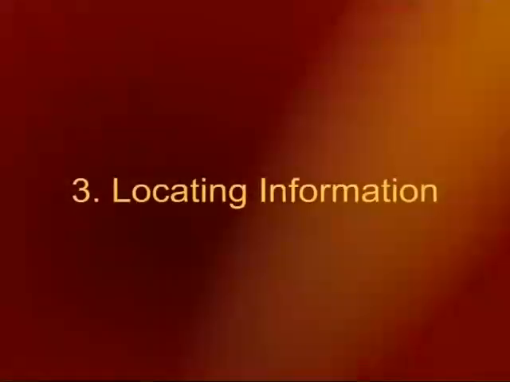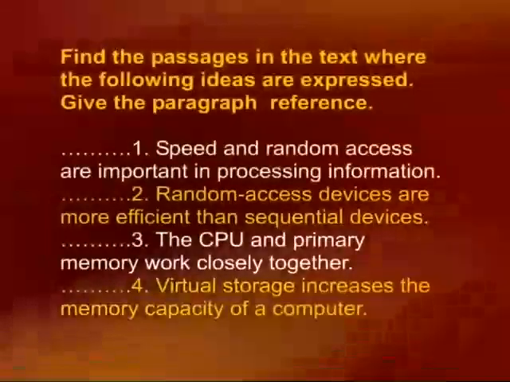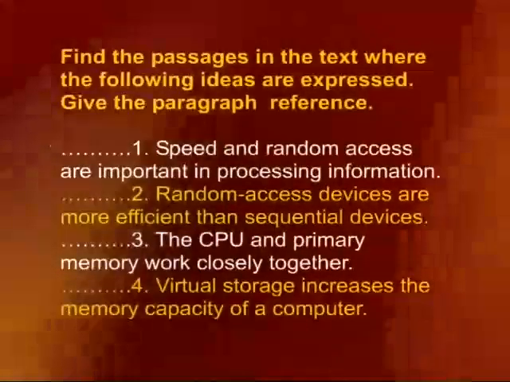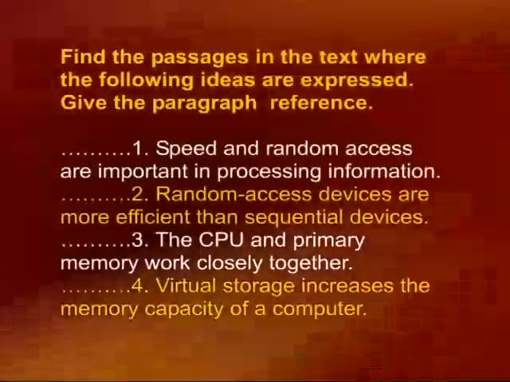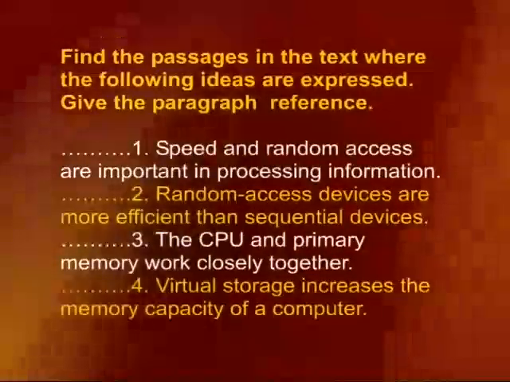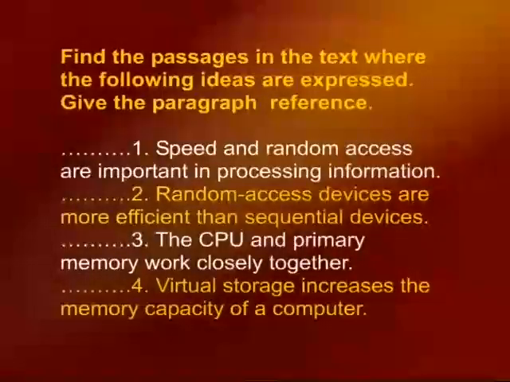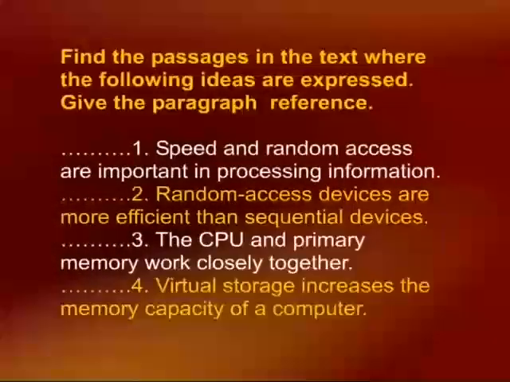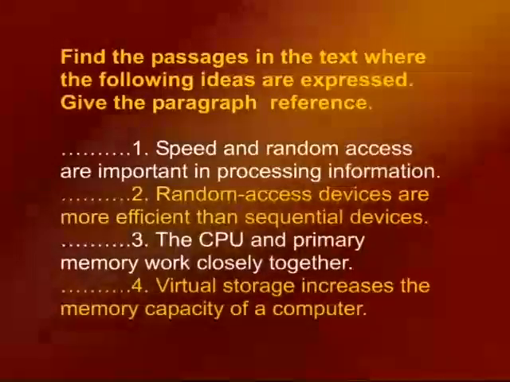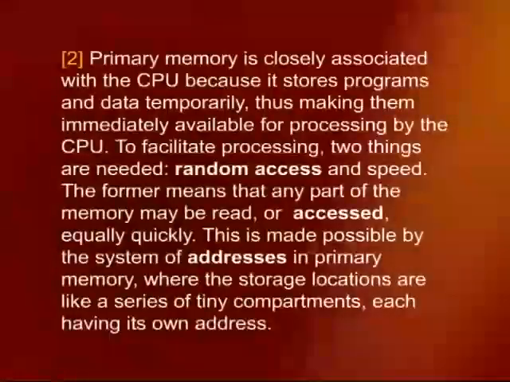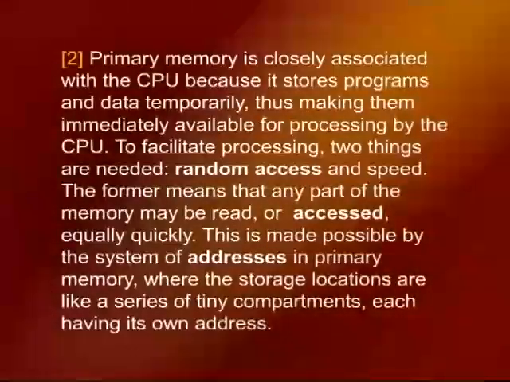Look at the third exercise, which is location information. You have to skim the text, go through it quickly to see where in the text these ideas are expressed. Now, in which paragraph is it stated that speed and random access are important in processing information?